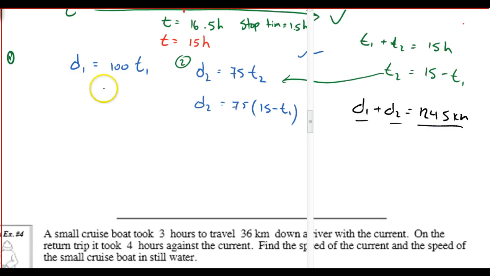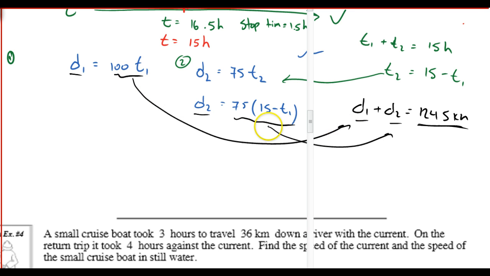D1 plus D2 should equal 1245. Instead of D1 and D2, I'm going to substitute these other things in, so the final equation looks like this: 100 T1 plus 75 times (15 minus T1) equals 1245.